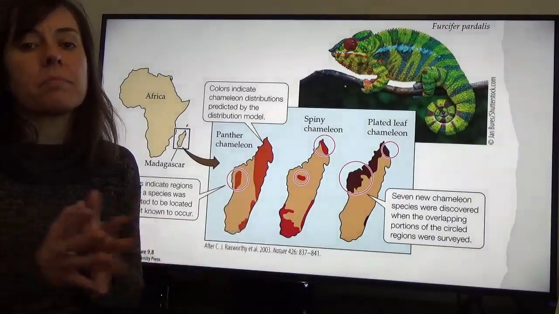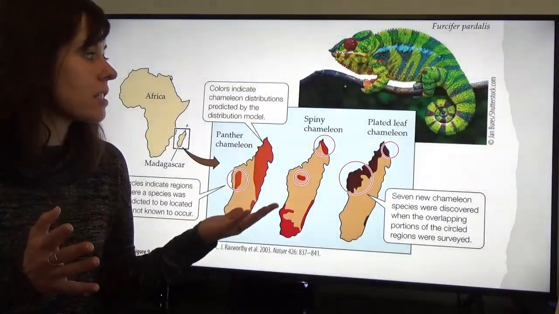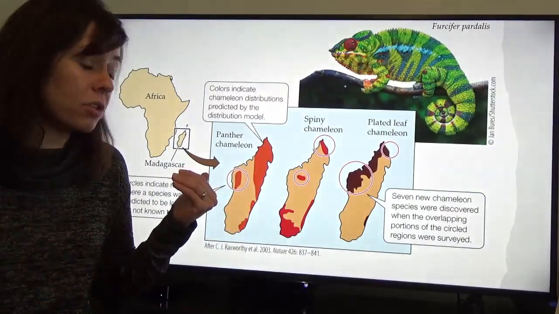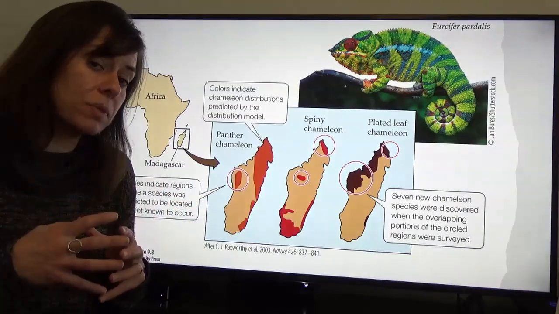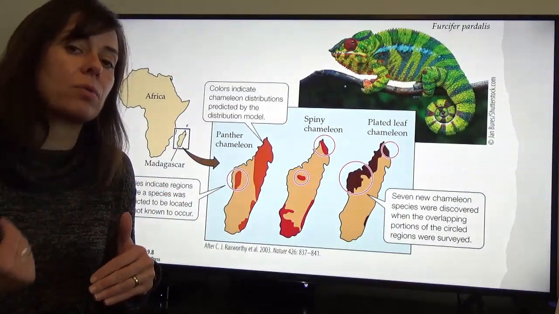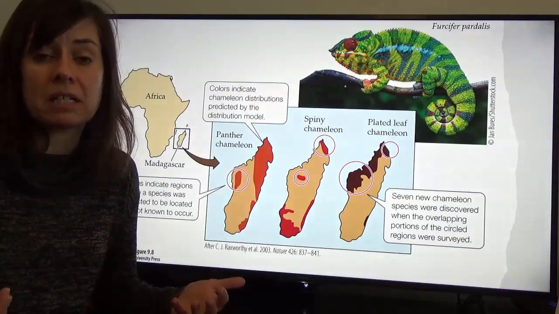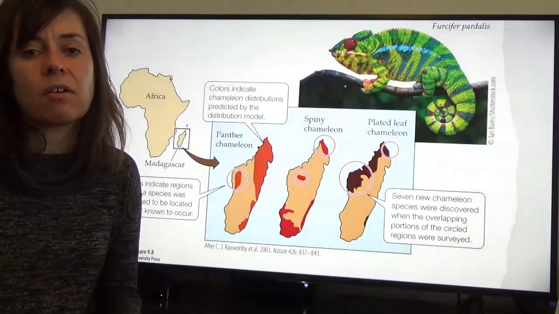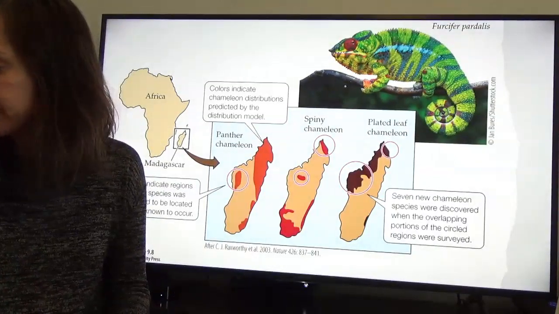So this is a really incredible tool for applying our knowledge of the distribution of species and the environments they occupy to produce maps of their expected distribution, which can then allow for new discovery.